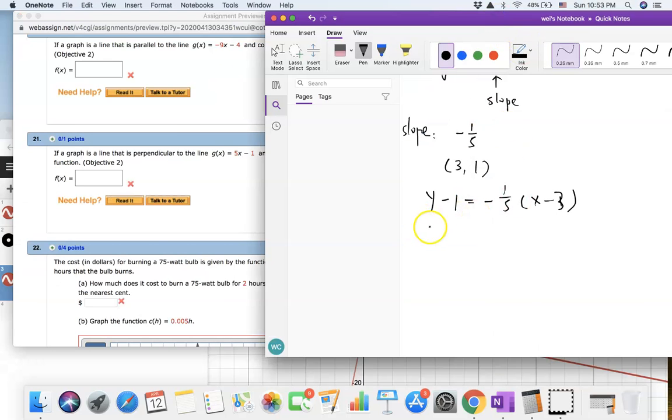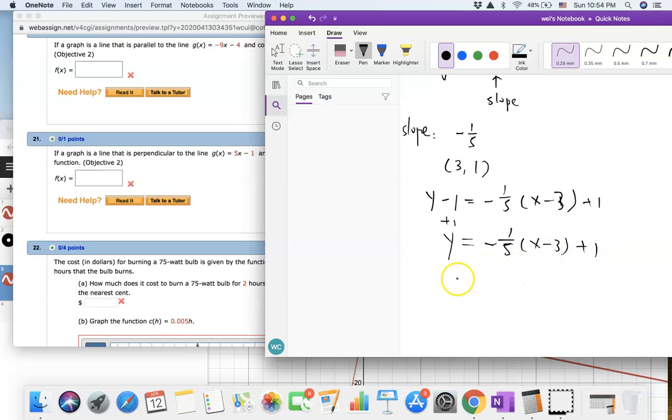However, we cannot use this answer because we are asked for y, so we want to rewrite this into y equals something. The easiest way is to just add 1 on both sides. So the answer is f(x) equals -1/5 times (x minus 3) plus 1.